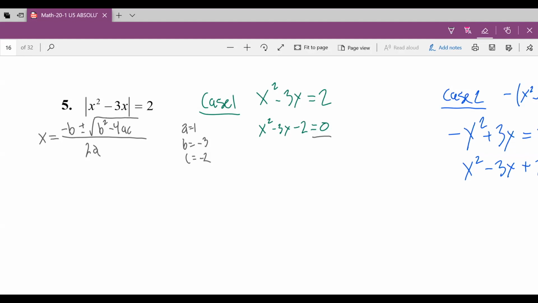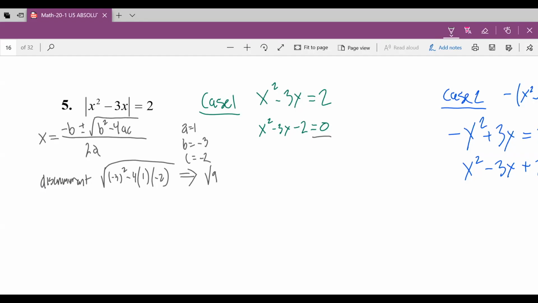So what does the discriminant tell us? If b squared, which is (-3) squared, minus 4 times 1 times -2 is a positive number, then we have roots. 9 minus 4 times 1 times -2 is minus -8, which is +8, so 9 plus 8 is 17.